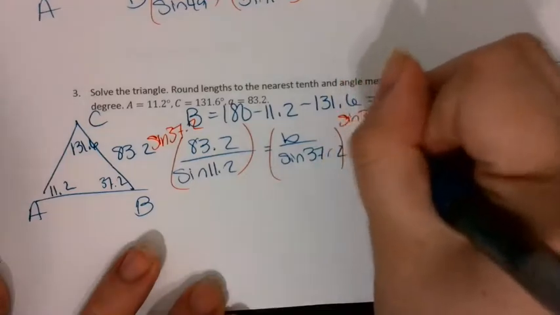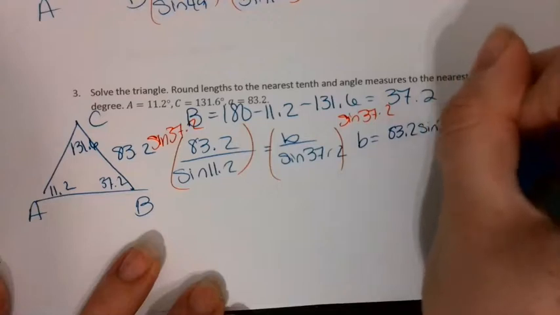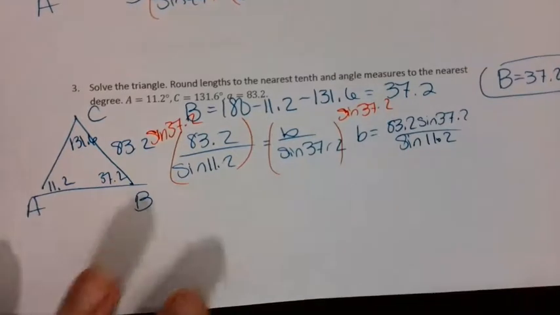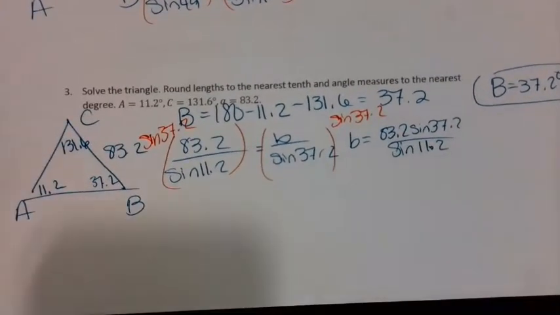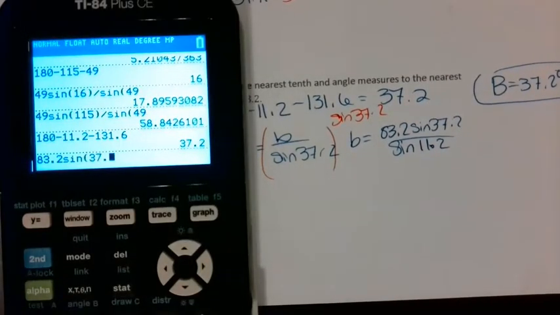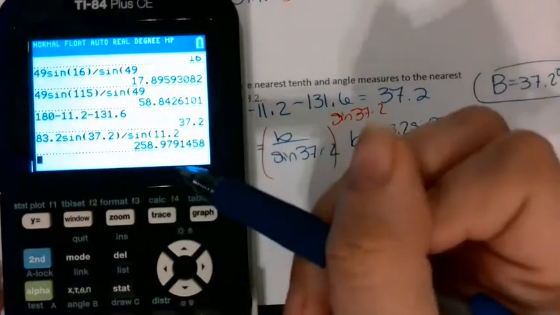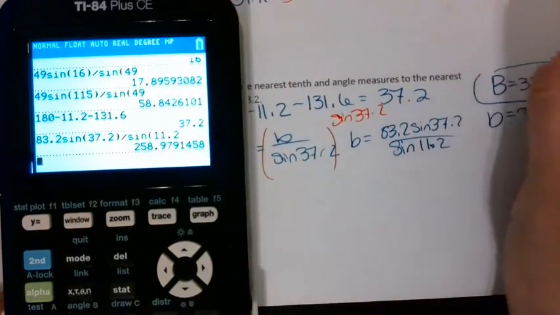Then I get b equals 83.2 sine 37.2 divided by sine 11.2. And this gets me, I round to the nearest tenth, but that rounds up to 0, so 259 for my side length.